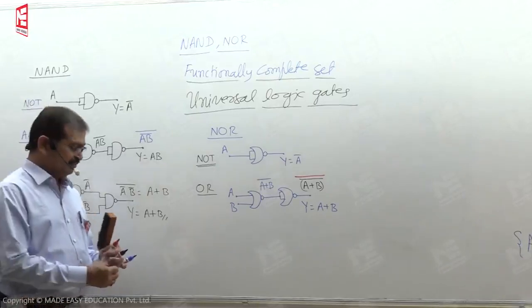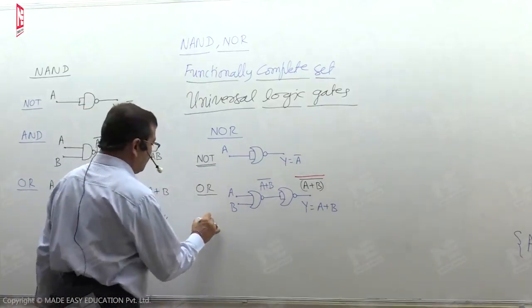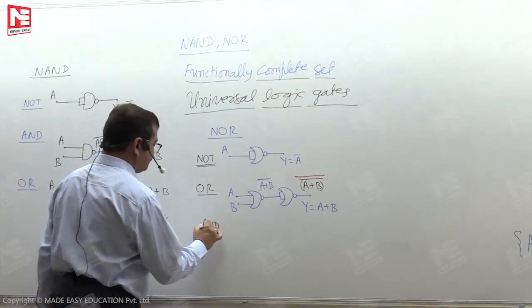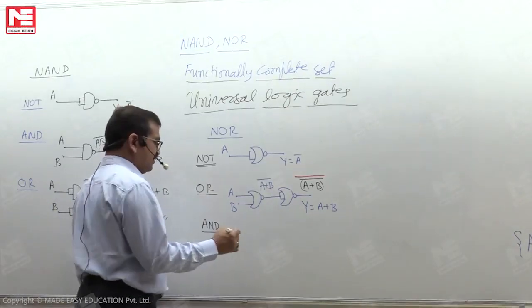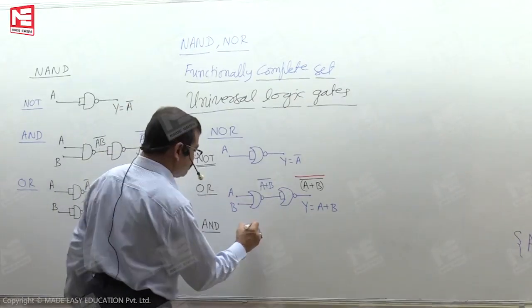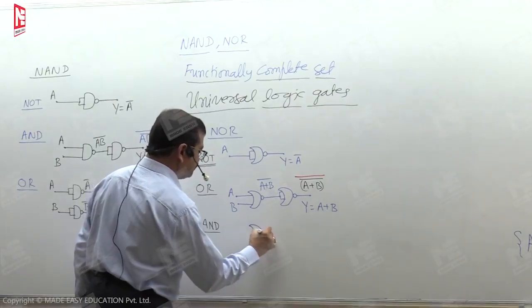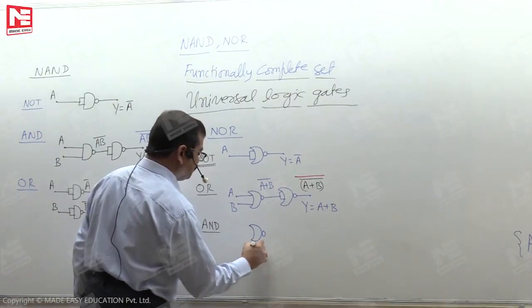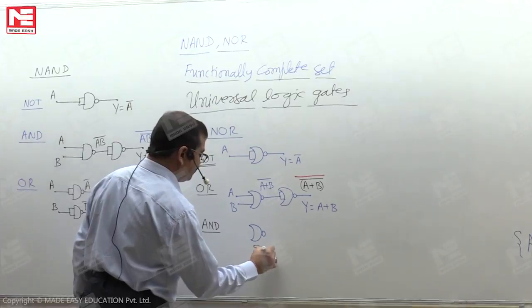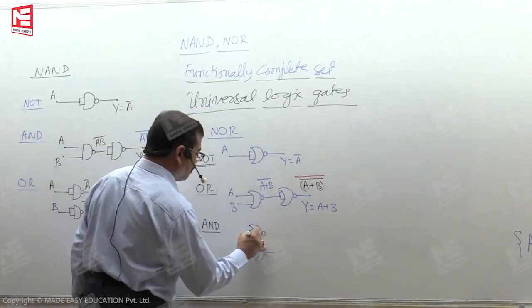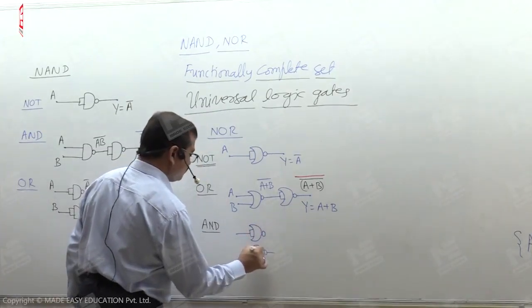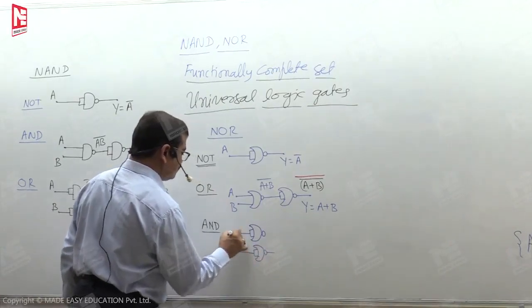It is the OR operation. Now we are implementing the AND gate with the usage of 3 NOR gates. By using 3 NOR gates, the first 2 NOR gates are used as inverters.